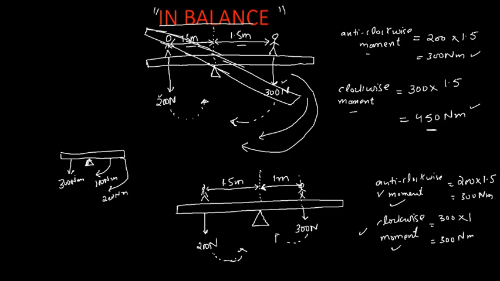Then if we sum the anti-clockwise moments, it is just 300, and the clockwise moments, 100 plus 200. So this was the meaning of the sum of clockwise and anti-clockwise moments: we have to sum all the moments present, all the clockwise and all the anti-clockwise. Again we get 300 equals 300, and the seesaw in this case is also in balanced condition.